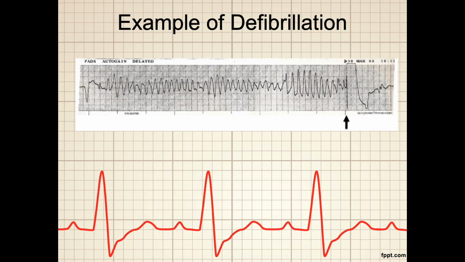rhythm. Here we have an example, and up until the arrow, you see the chaos associated with ventricular fibrillation, in this case, coarse ventricular fibrillation. We see the spike indicating a massive jolt of energy delivered as a defibrillatory shock, followed by a normal organized QRS complex to the right of the shock.